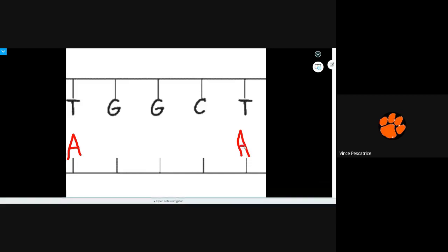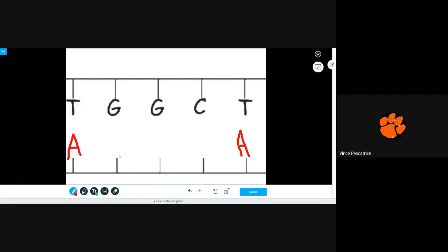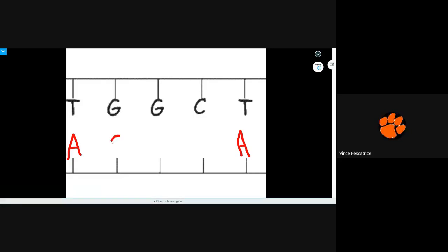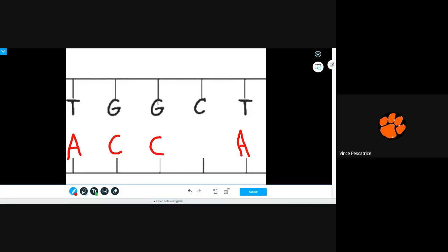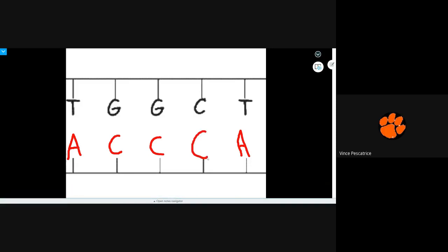A. All right, what does G pair with? C. C, good. So I'm going to put a C here, a C here, and then kind of the opposite, G pairs with C, so a G would go here.